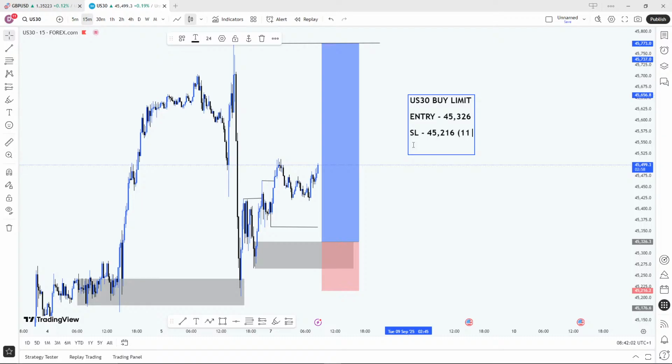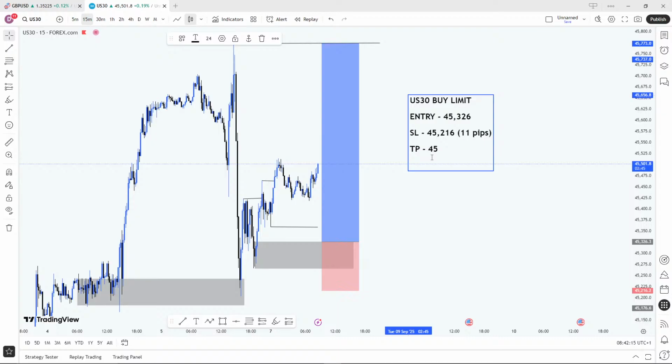Now the take profit is about 45,773. So this is what we have on US 30.